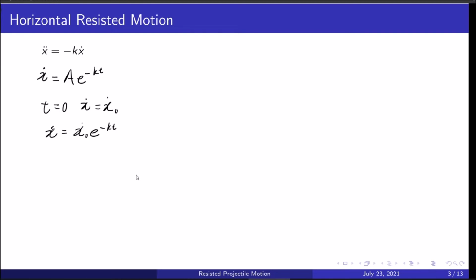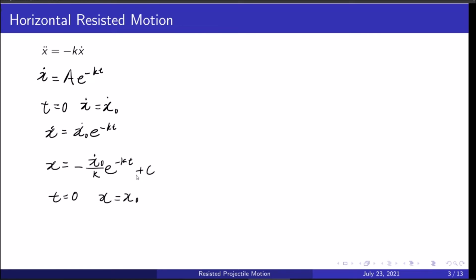All right, to find what the displacement should be, we will have to integrate this. So x should equal negative x dot naught over k e to the minus kt plus c. So what is c? Obviously, when t equals 0, x equals the initial position.